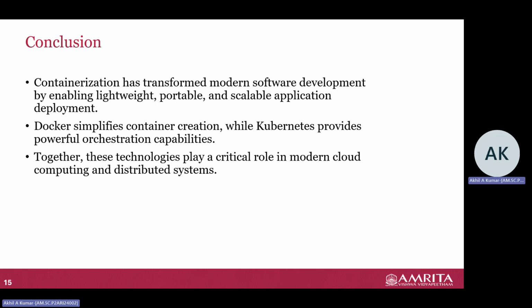So in summary, Docker and Kubernetes together form a powerful ecosystem that simplifies application development, improves resource efficiency, and enables scalable cloud infrastructure. As cloud computing continues to grow, containerization and orchestration technologies will remain key components of modern distributed systems and future software platforms.